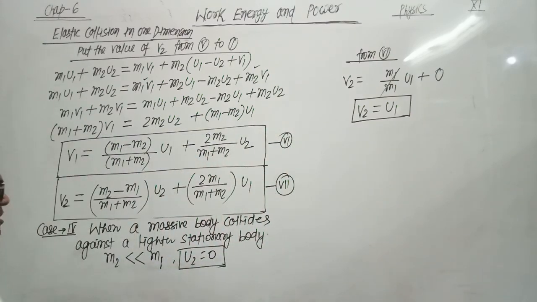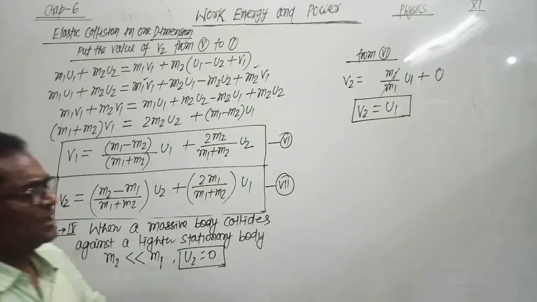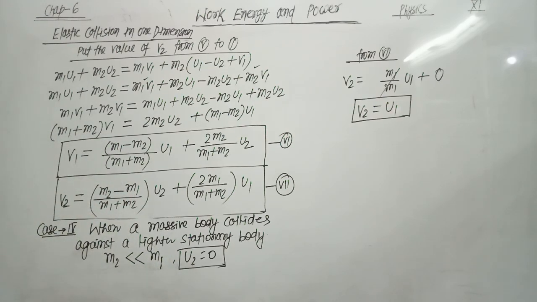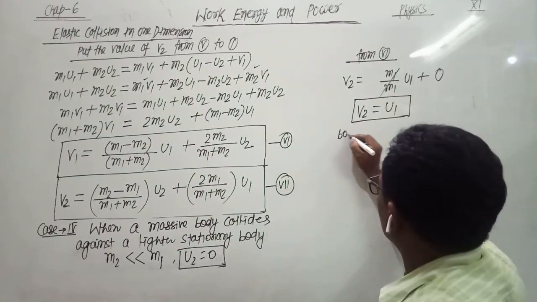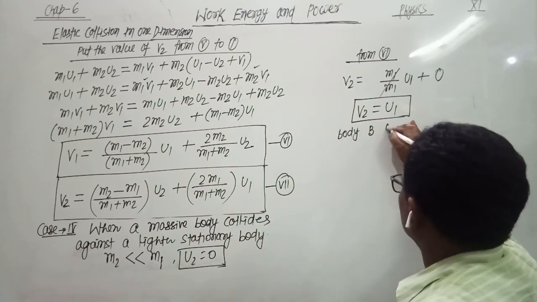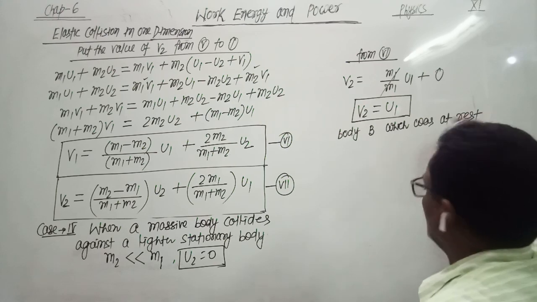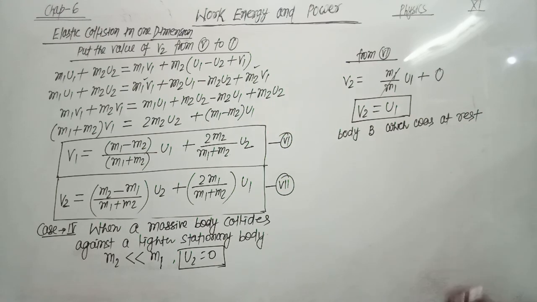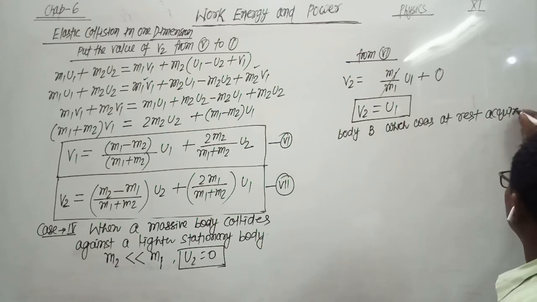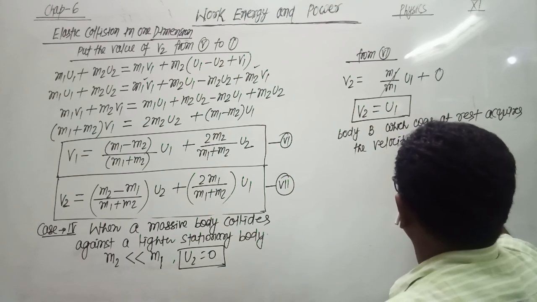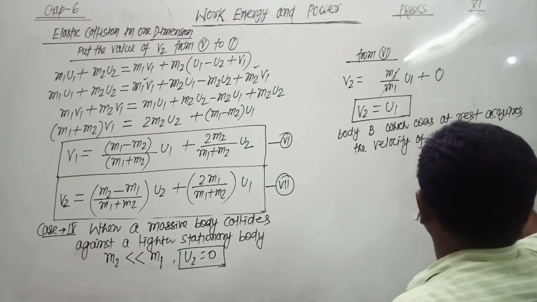V2 equals U1 means the body B which was at rest acquires the velocity of body A. So the body B which was at rest acquires the velocity of body A after collision.